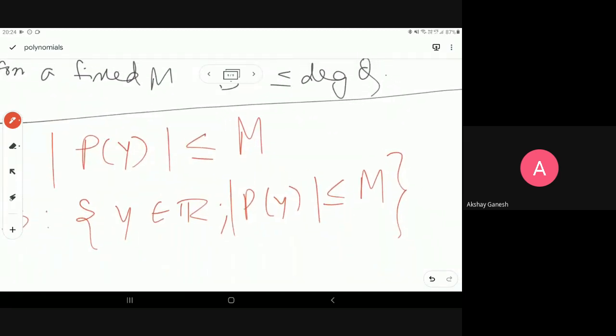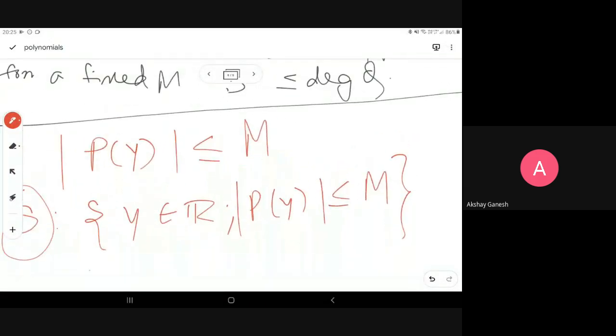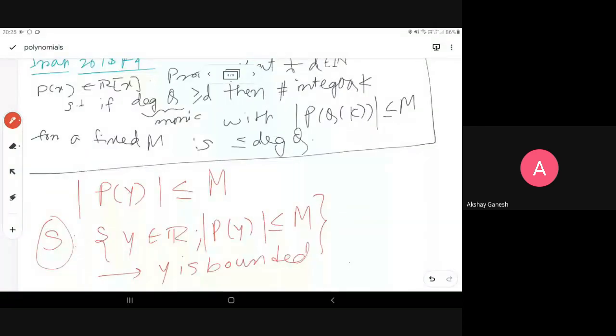Because if this set S was unbounded, if y could be anything, then you would have a problem, because if you look at the sequence obtained by taking the value of a polynomial at an unbounded sequence, it becomes unbounded itself, right? So you must have y bounded, right?